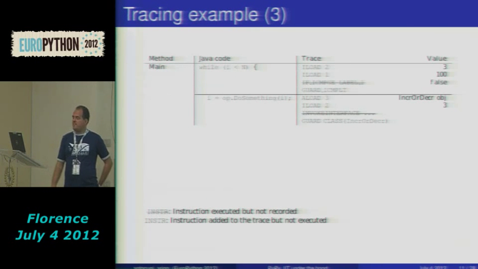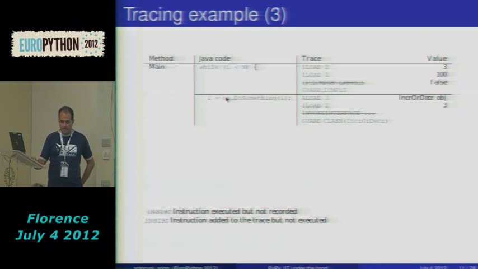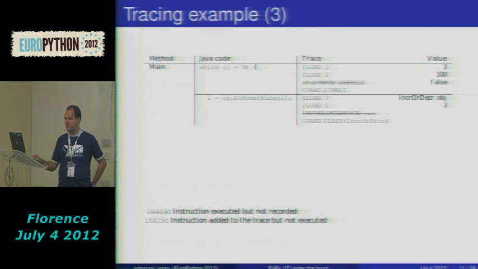Then we start with the next line, which is the method call. So we load the object on the stack, we load the parameter, and then there is the invoke interface. And now our tracing JIT does something special in this case as well, because we really want to trace all the operations, and we want to go inside the function we call. So we just try to inline it, but then, as I said, it's a virtual method call.